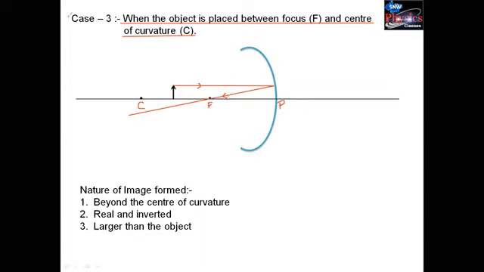Next rule was when a ray of light passes through the center of curvature, it is sent back in the same direction along the same path. In this case, we get a real and inverted image here, a real and inverted image.